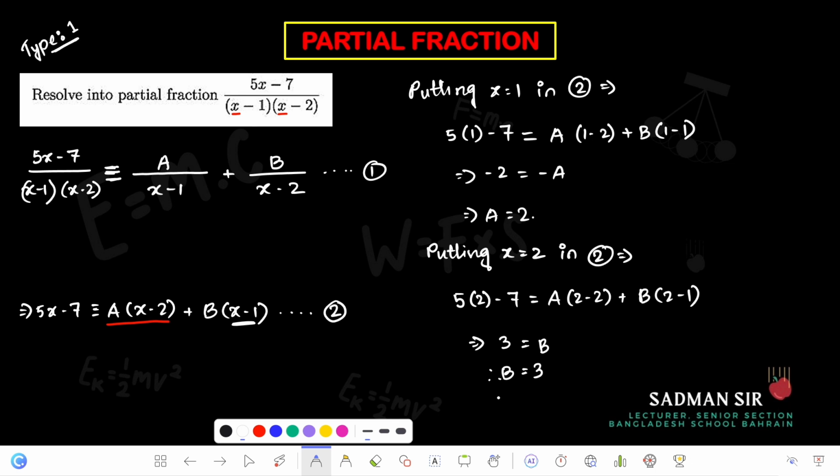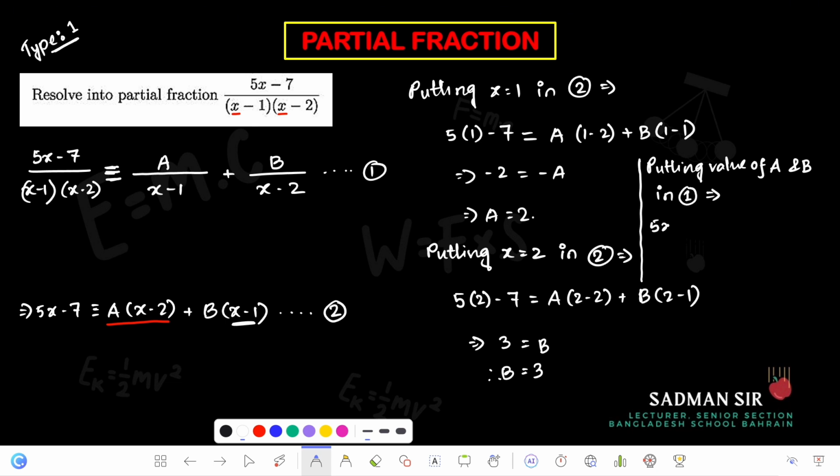Now we will put the value of a and b in statement 1. So our final line should be, I actually don't have much space here. What can I do? Okay, I will write it here. Putting value of a and b in statement 1, see, this is 1.